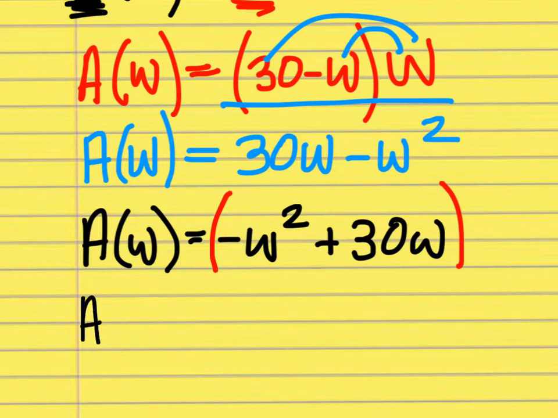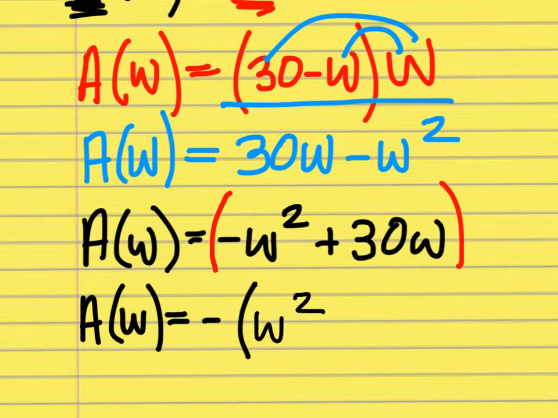Okay, so A of W equals the negative 1, which we just write a negative sign. That's negative 1. And then we divided each of these items in here by that negative 1. What's negative w squared divided by negative 1? Positive w squared. And then what is 30w divided by negative 1? So we'll put minus 30w.